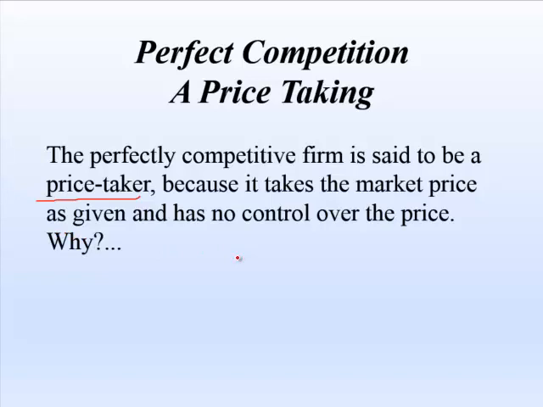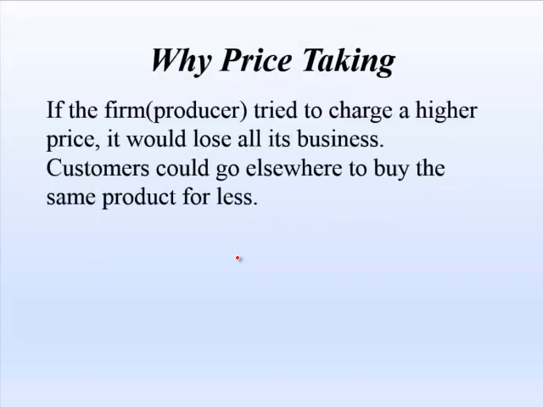From both sides, buyers and sellers, their amount of purchase or selling is so insignificant that they cannot control the price. And what is the reason behind that? If a producer tried to charge higher prices, it would lose all its business, because consumers will go elsewhere to buy the same product for less, because there are other sellers also present in the market.